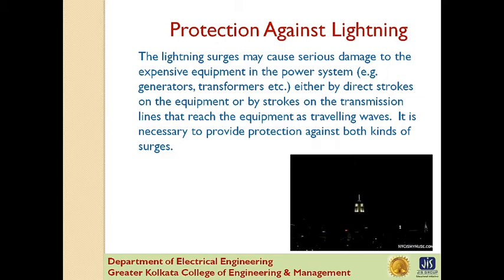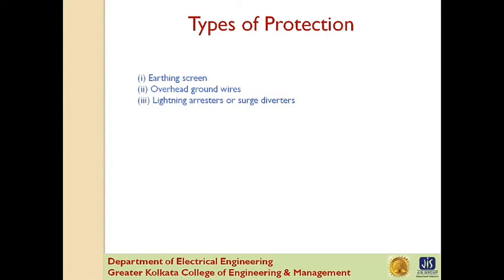It is necessary to provide protection against both kinds of surges. The most commonly used devices for protection against lightning surges are earthing screen, overhead ground wires, and lightning arrestors or surge diverters.